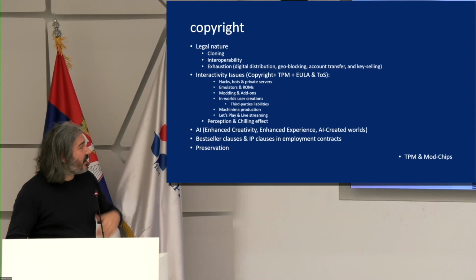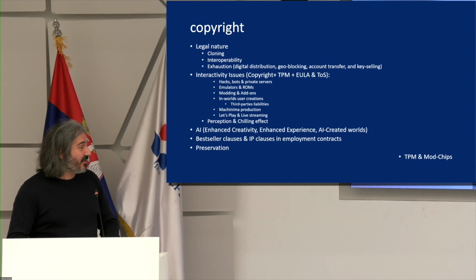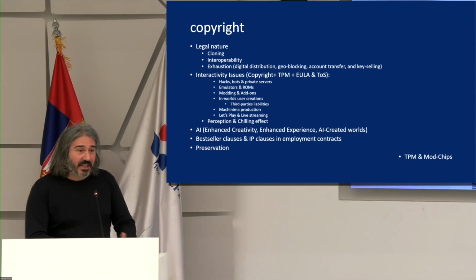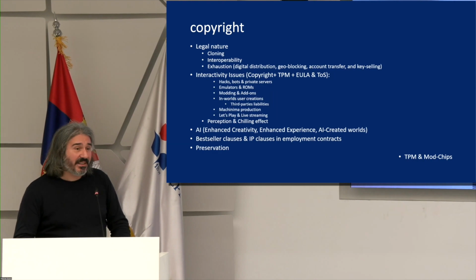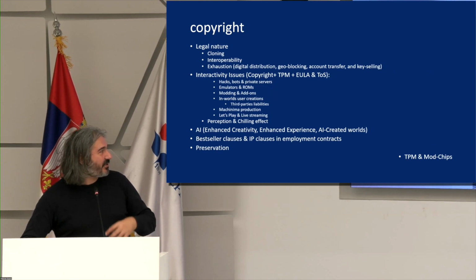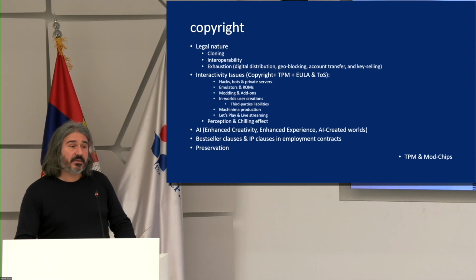I'm not going to go through the list. There are a lot of issues. There has been a lot of discussion in the last few years about artificial intelligence. It's another aspect of the relationship between new technology and IP in which the video game companies are largely experienced, because they've been using machine learning for decades, for the creation, for increasing the user experience, and also for creating video games.